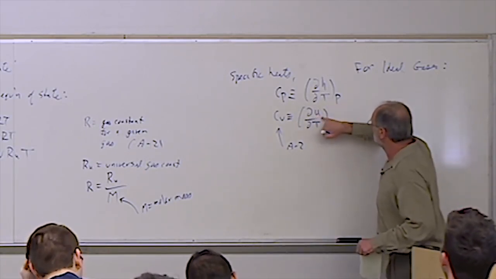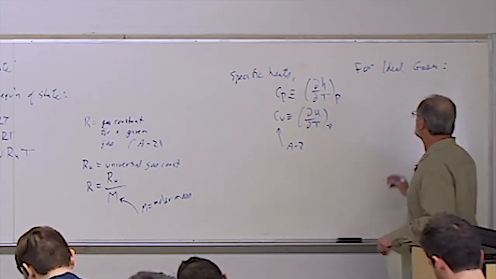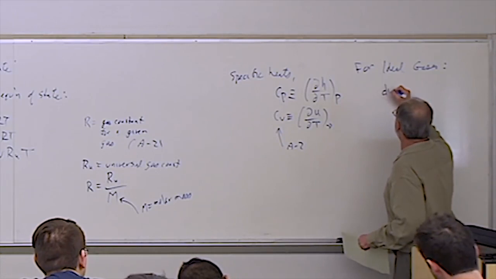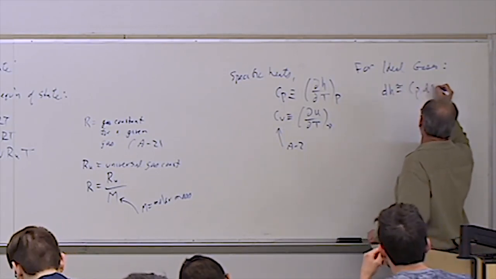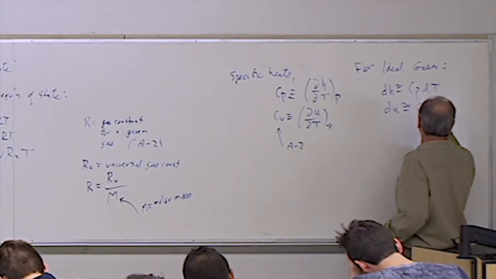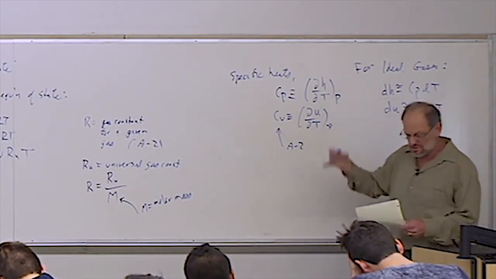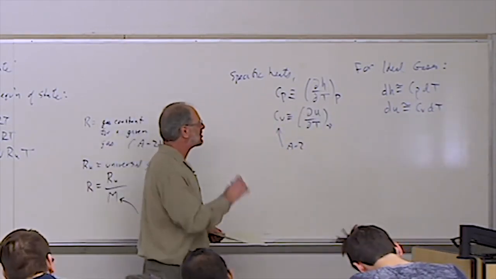And the same with internal energy. It's a very strong function of temperature, but not really a strong function of volume or pressure. So we could actually make the approximation that dh is approximately equal to Cp dT, and du is approximately equal to Cv dT. This was hopefully derived and explained to you in your thermo class. Well, your first thermo class.